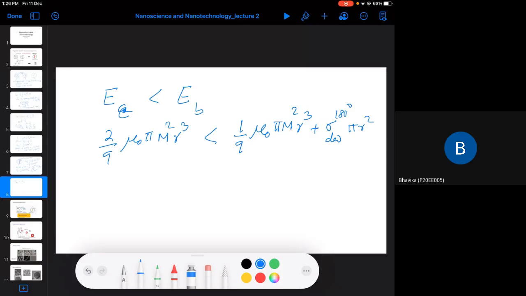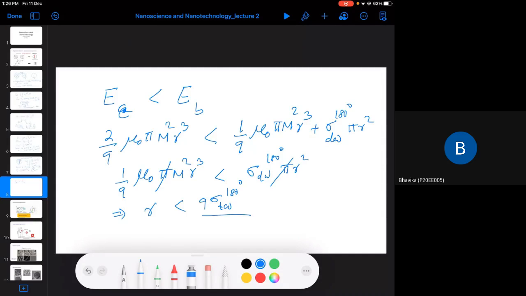And so if I take this out, I have pi M squared R cubed, which will be less than sigma domain wall 180-degree pi R squared. And so I can write that if R, the radius of this ferromagnetic particle, is less than this value, so pi is also cancelled out, and 9 will be on this side with mu naught M squared.